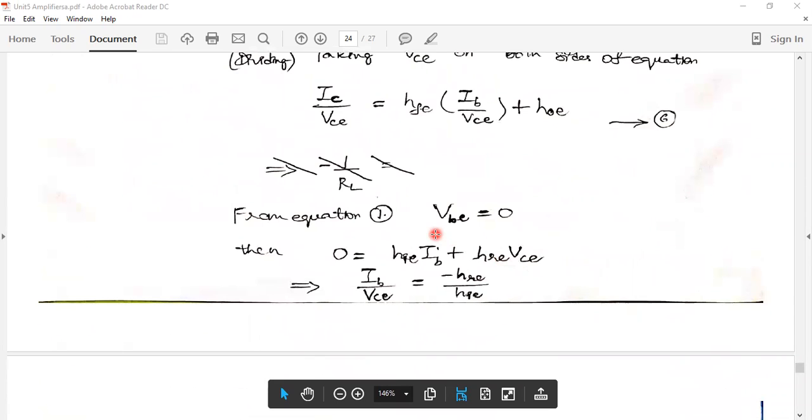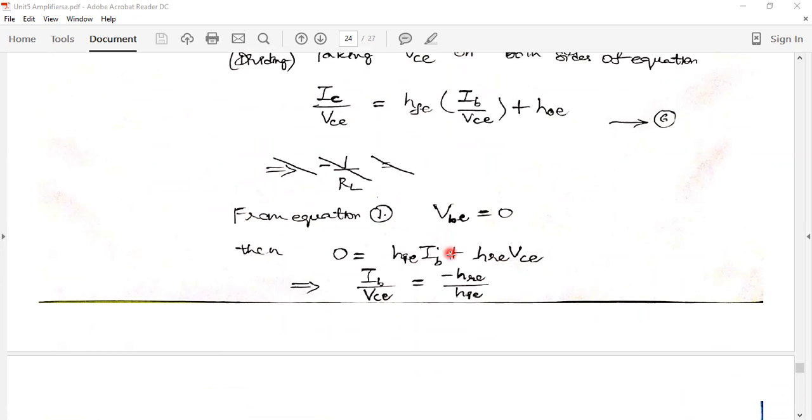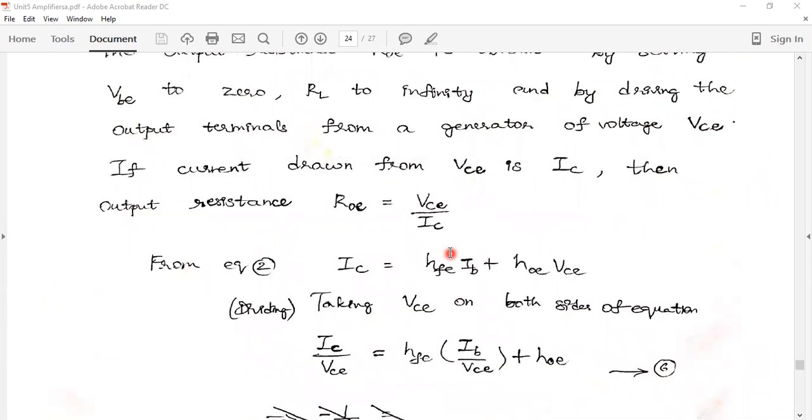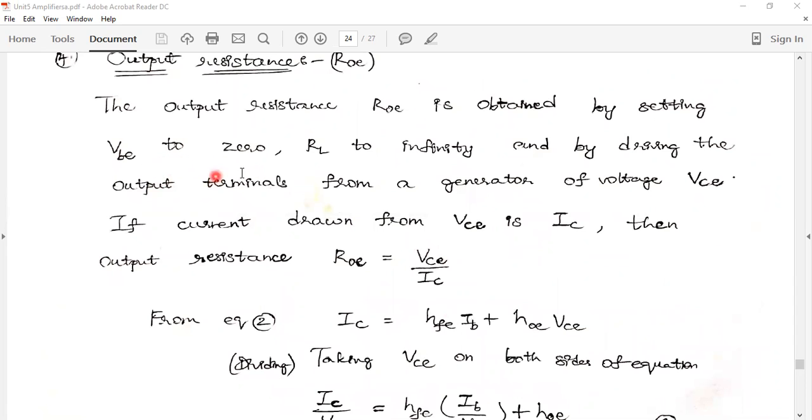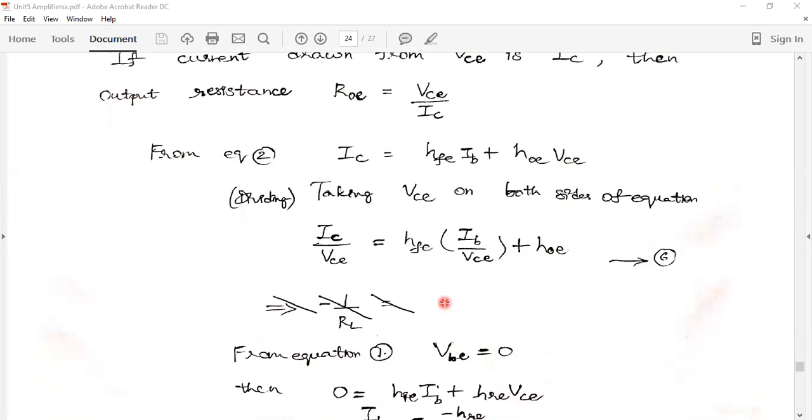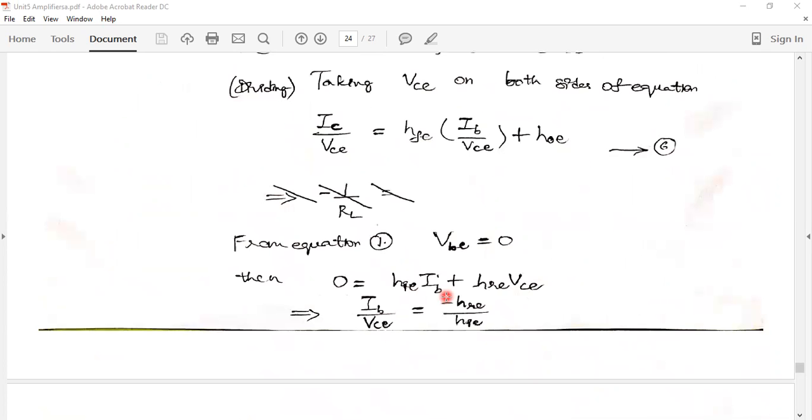From equation 1, the basic equation, VBE is equal to HIE IB plus HRE VCE. In this, I am setting the input voltage VBE to 0.